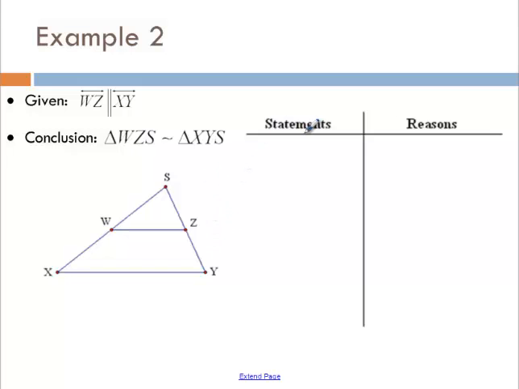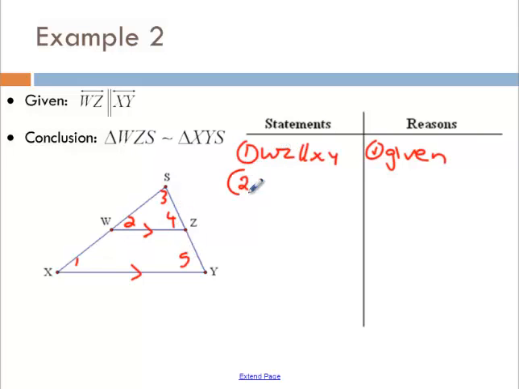So let's go ahead and begin proofs. We know WZ is parallel to XY. So let's get this on here. And that's given to us. And before I do any of this proof, I'm going to start numbering all the angles. The reason I'm going to number them is it's just going to make it a little bit easier for me to write out a proof.